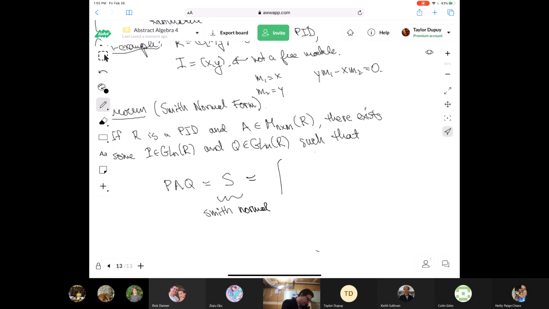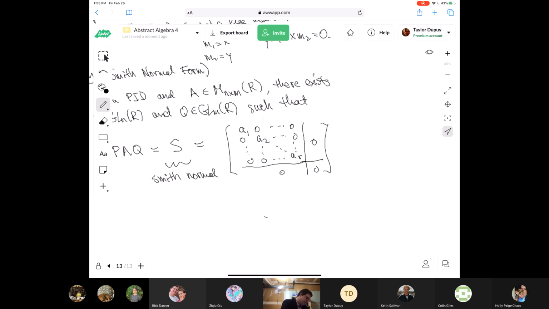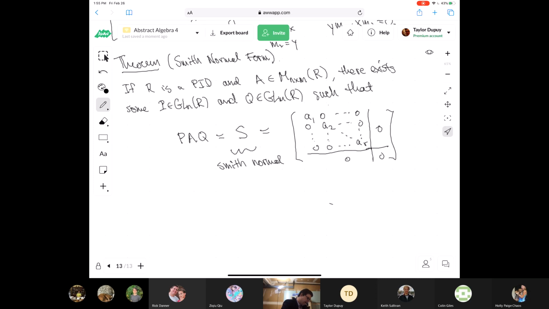This thing looks like A1, A2, up to AR, with zeros elsewhere. It's a big diagonal piece, and then it's zeros everywhere else. The important part is that A1 divides A2 divides A3 divides and so on, up to AR.